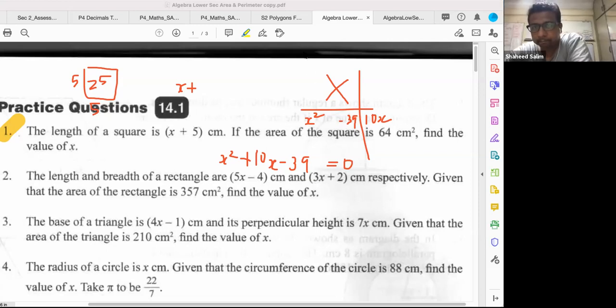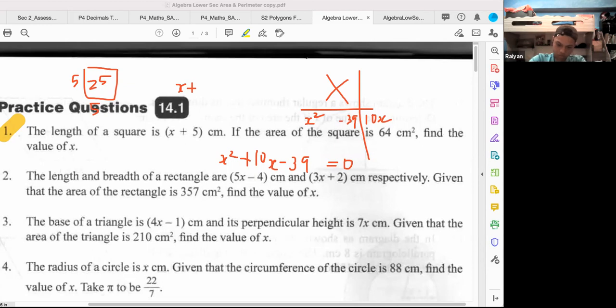Can? Yeah. You say x plus 1, x minus 10.